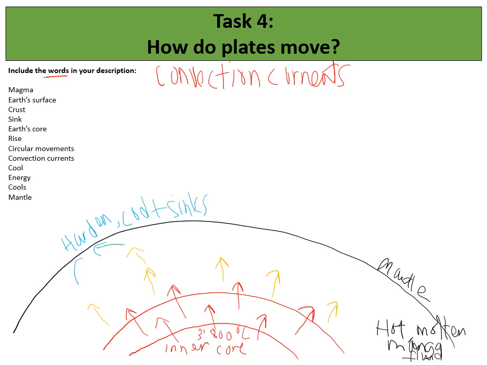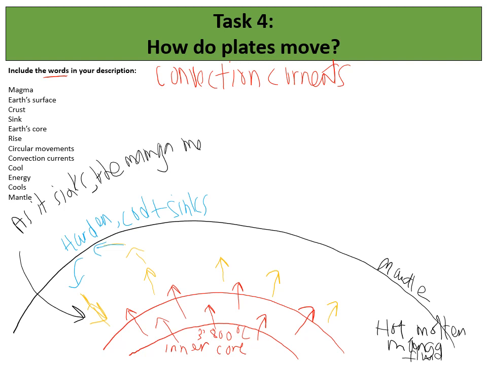Now, you can imagine as it sinks, it's moving back further down towards the bottom half of the mantle, which means that it will start to warm up again. Now, as it warms up, it will start to melt. So as it sinks, the magma melts again and becomes viscous again.